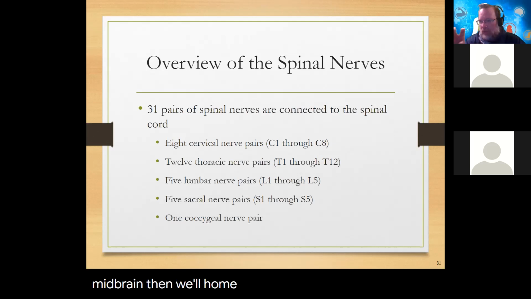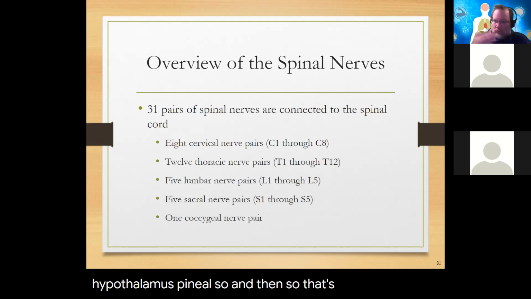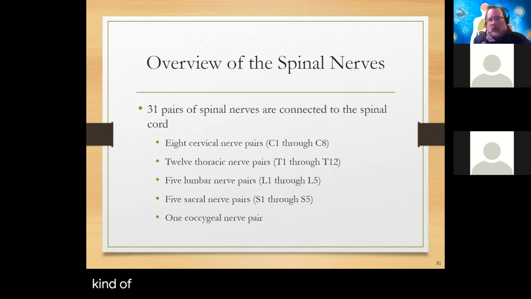Then we'll hone in on the cerebellum a little bit, and then zoom in and pull up that diencephalon, that thalamus, hypothalamus, pineal. So that's one part of what we're going to do with Visible Body on Thursday, kind of review a little bit with the central nervous system.